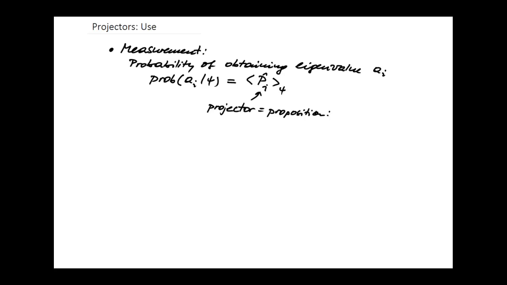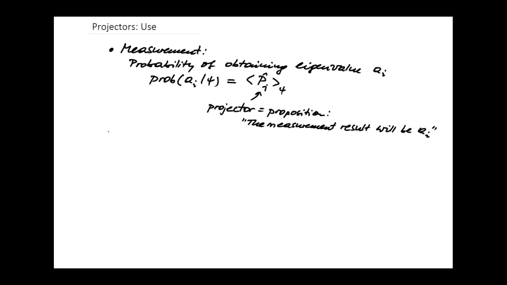The projector corresponds to the statement, I measure eigenvalue a_i. And the probability that this statement is true equals the expectation value of this projector. So this is one way of interpreting projectors.